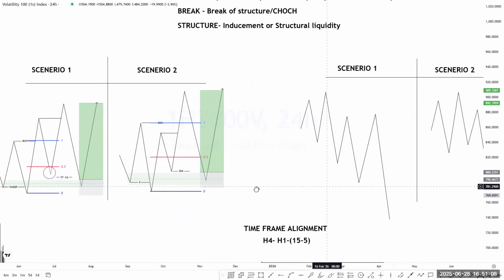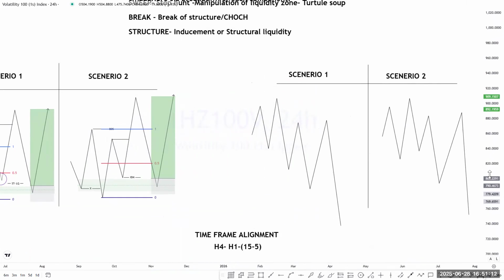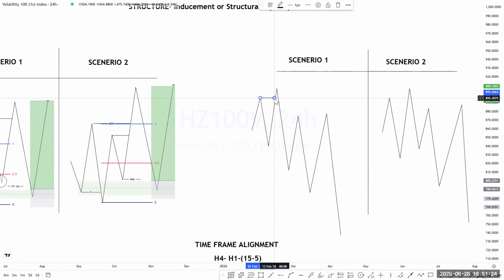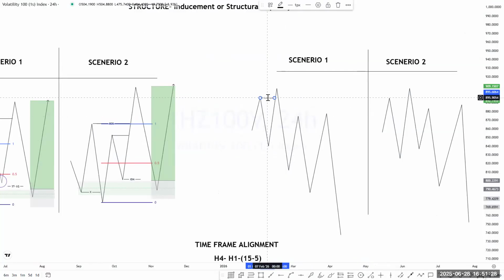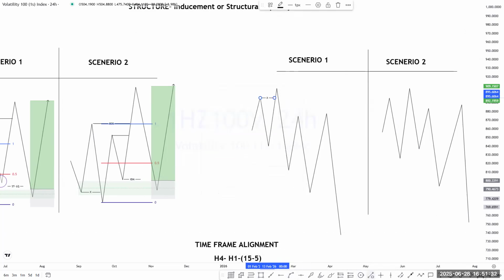So now let's talk about price in a downward trend. How do you identify your SBI? You have the sweep. I'm going to use the X. Then you identify the break. Price gives us a break of structure.